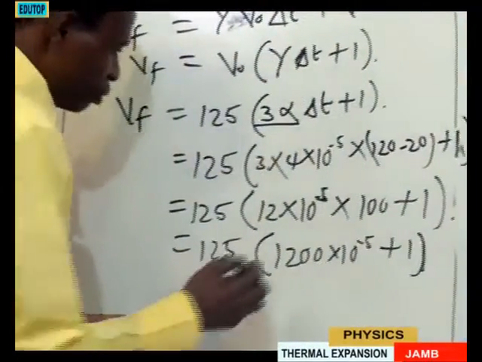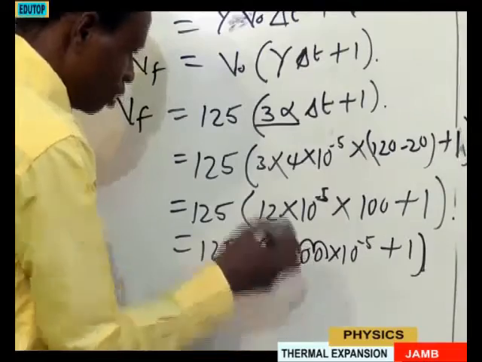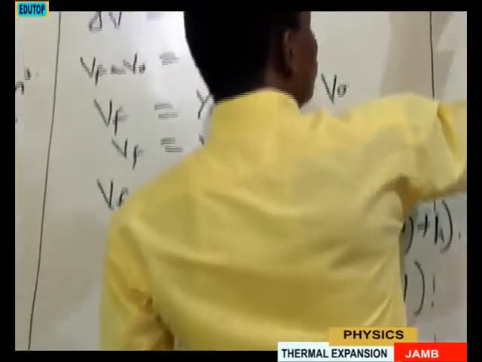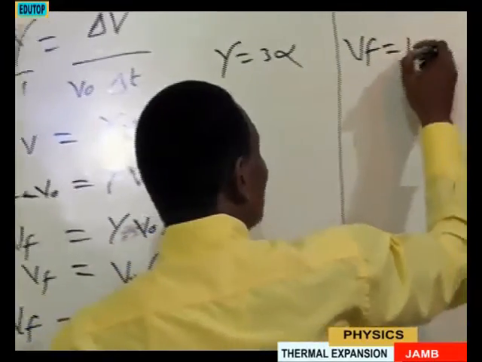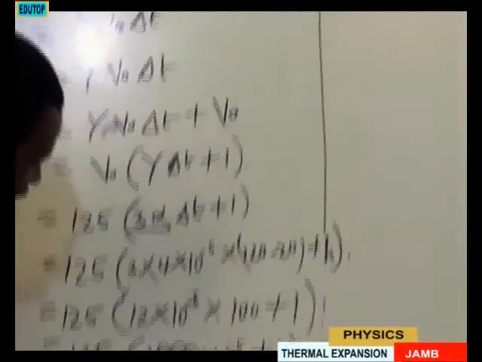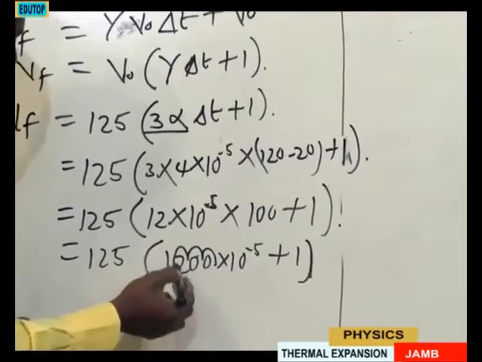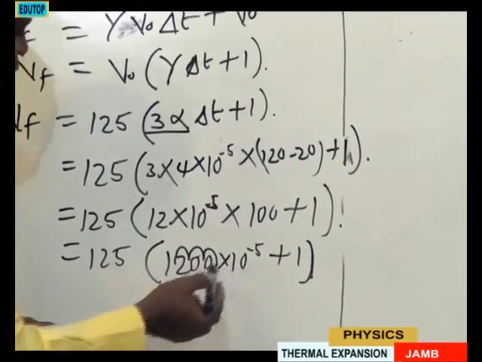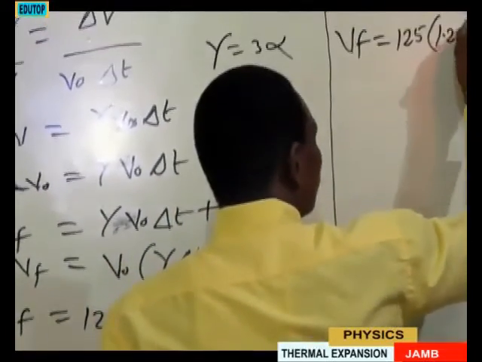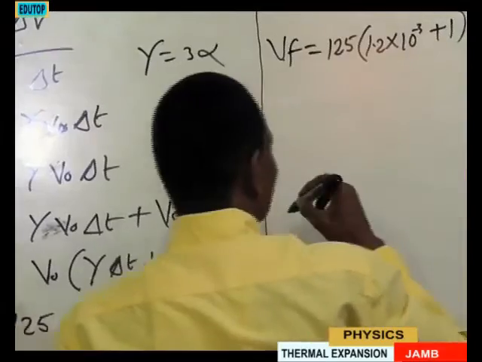Let's move the decimal point 1, 2, 3 places. We are going to have final volume equal to 125 into 1.2 times 10 raised to the power minus 3 plus 1.